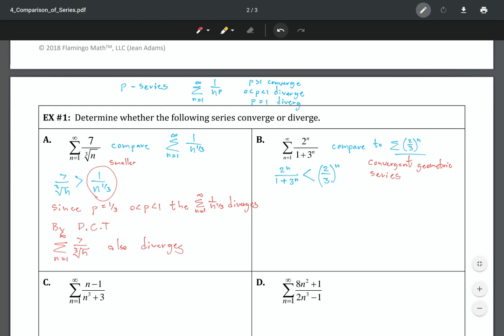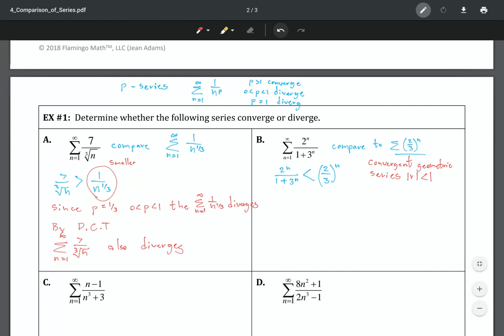The geometric series is one of the two that I can think of where we can actually find a sum using a formula, but we're not asked for that. All we care about is that because the ratio 2/3 is less than 1, that's going to be convergent.